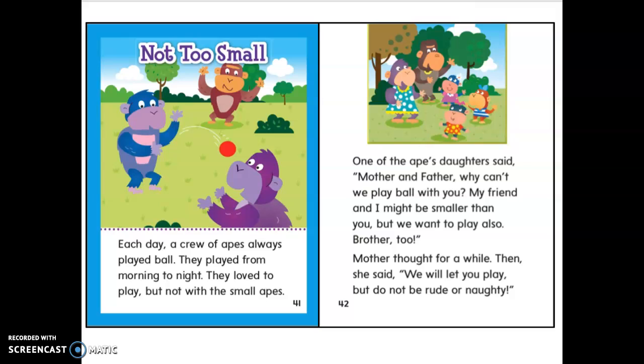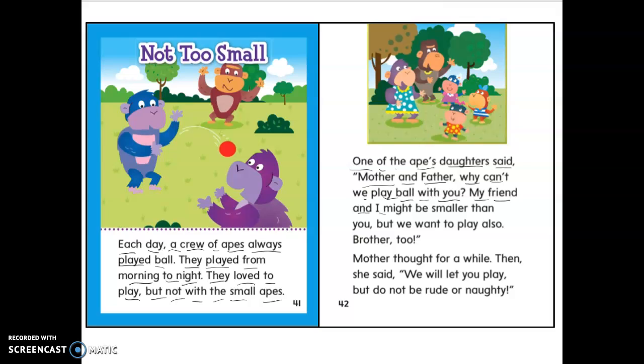Okay, ready? Begin. Each day, a crew of apes always played ball. They played from morning to night. They loved to play, but not with the small apes. One of the ape's daughters said, "Mother and father, why can't we play ball with you?